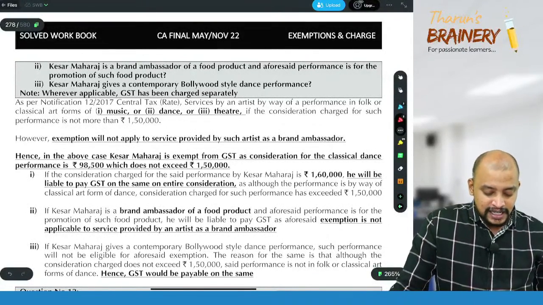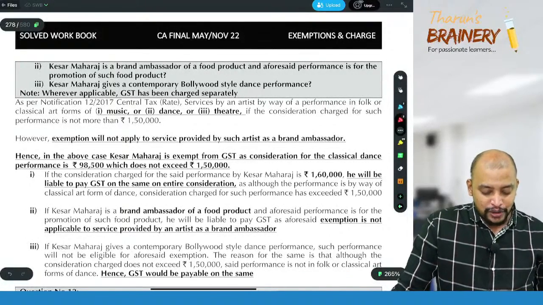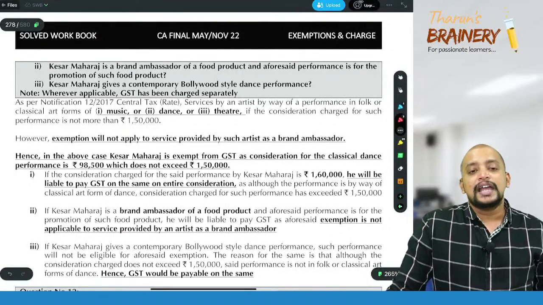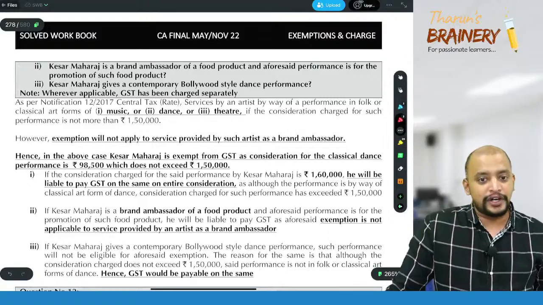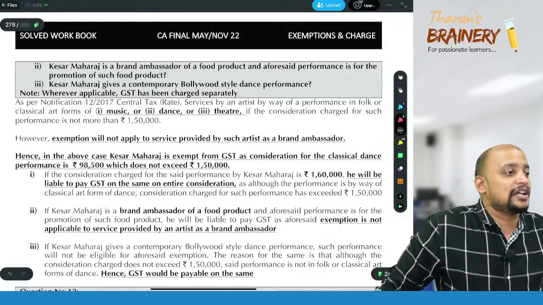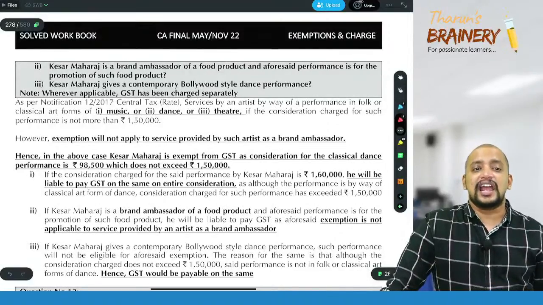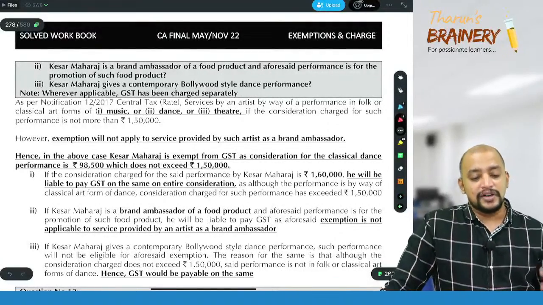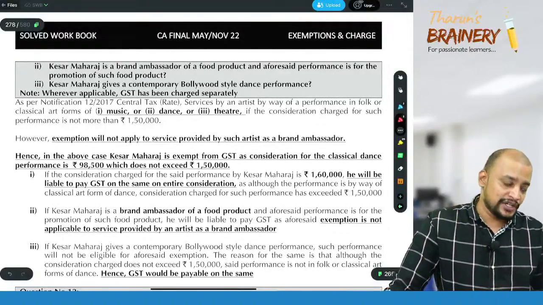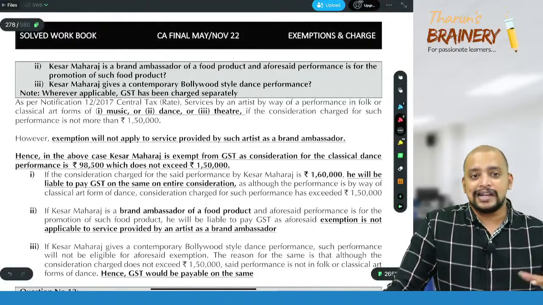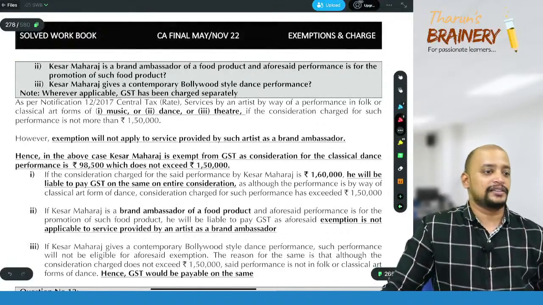Kesar Maharaj gives a contemporary Bollywood style dance performance. Exemption is not available for that, only available if it is classical or folk. Classical is recognized nationally, folk is regional. For example, Nayandi, like that one dance is there in Tamil Nadu.